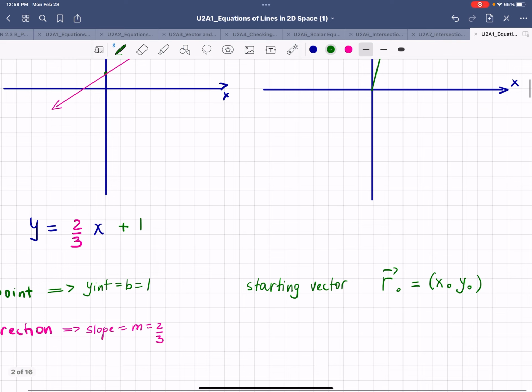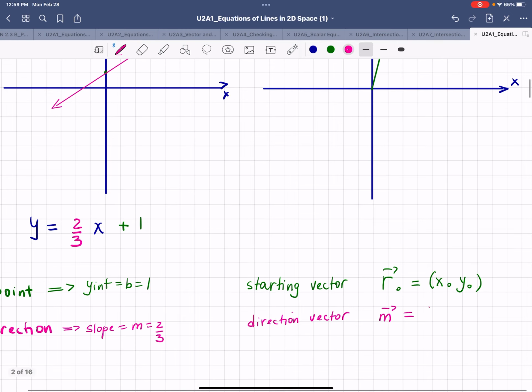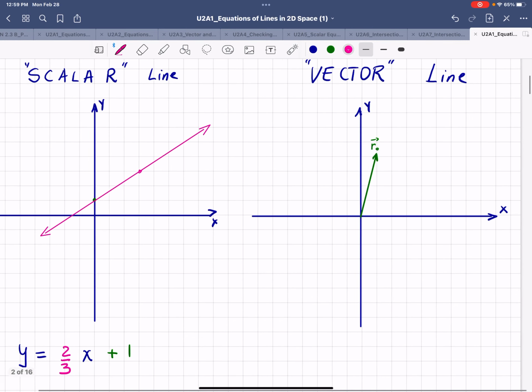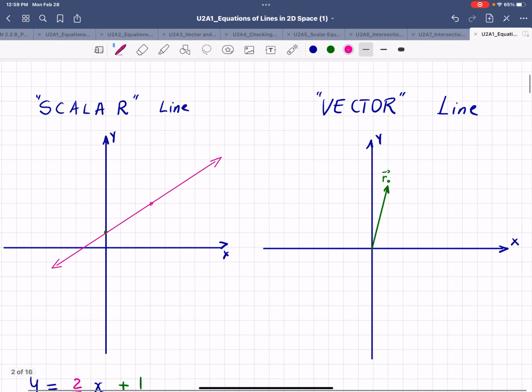For direction, we are going to use what we call the direction vector. And surprise, surprise, the direction vector, for some reason, is indicated by letter m. So direction vector m has the coordinates a and b. In this case, I'm going to take this as a direction vector right here, direction vector m.